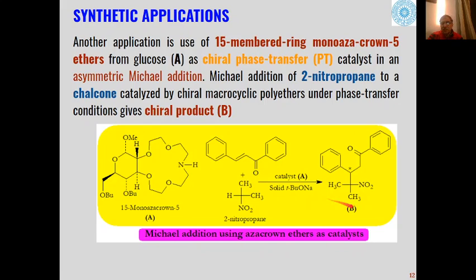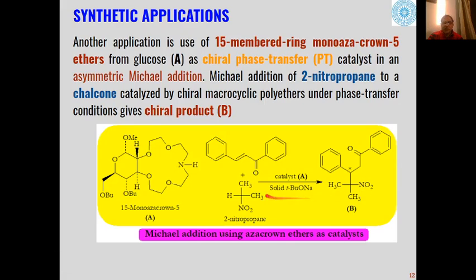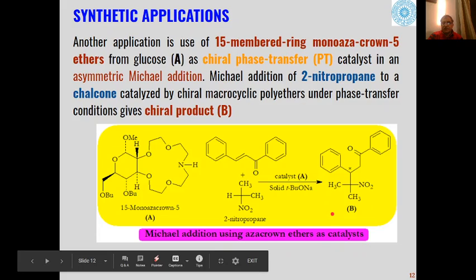This creates a chiral product when 1,2 Michael addition takes place on this carbon-carbon double bond. So the alpha beta unsaturated compound chalcone undergoes addition of this nitropropane. A carbanion will be formed that will be added to this, and a chiral compound will be formed under phase transfer conditions.